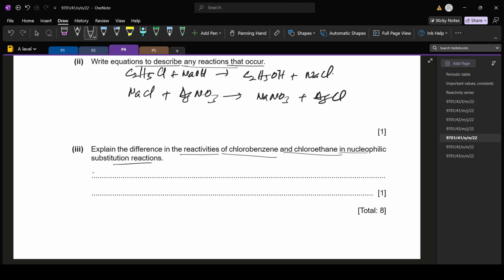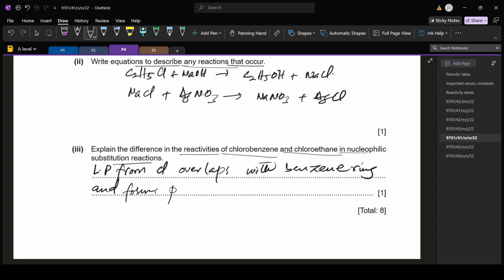So the lone pair from chlorine Cl overlaps with the benzene ring, and you can say it forms a carbon-carbon double bond, and forms a partial double carbon-Cl bond.